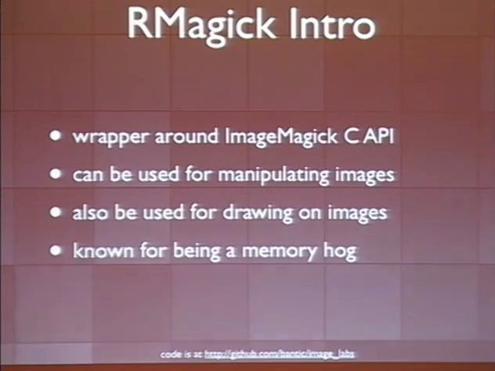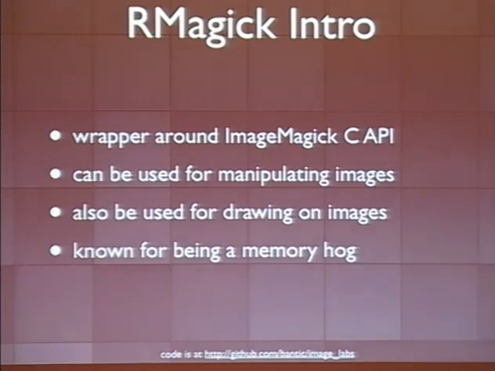Okay, so what is RMagick? It's a wrapper around the ImageMagick API, which is a bunch of C code to do image manipulation stuff. It has command line tools. You can use it to manipulate images at a pretty high level, changing contrast and blurring and rotations and things like that.